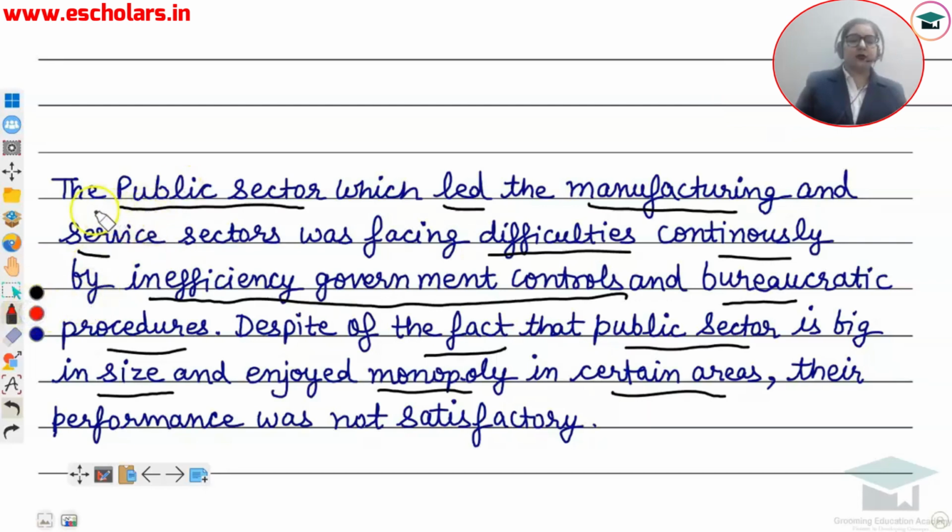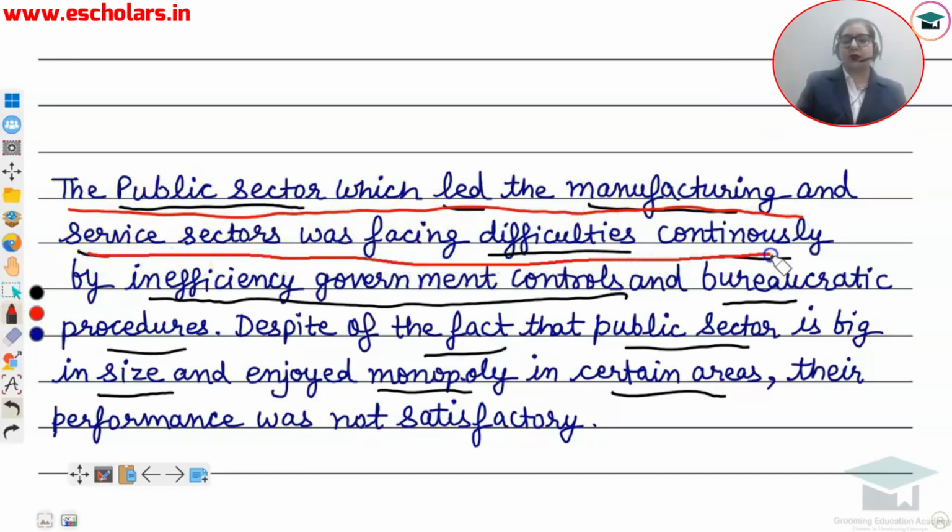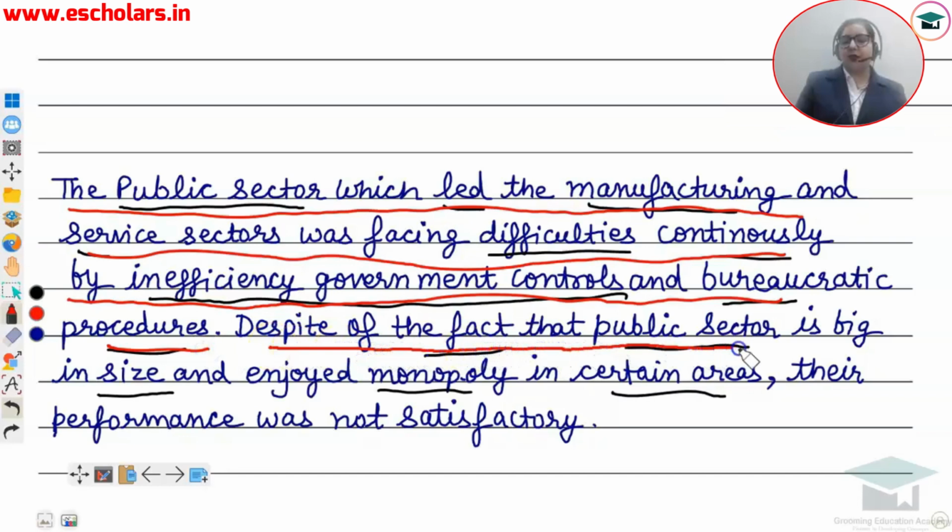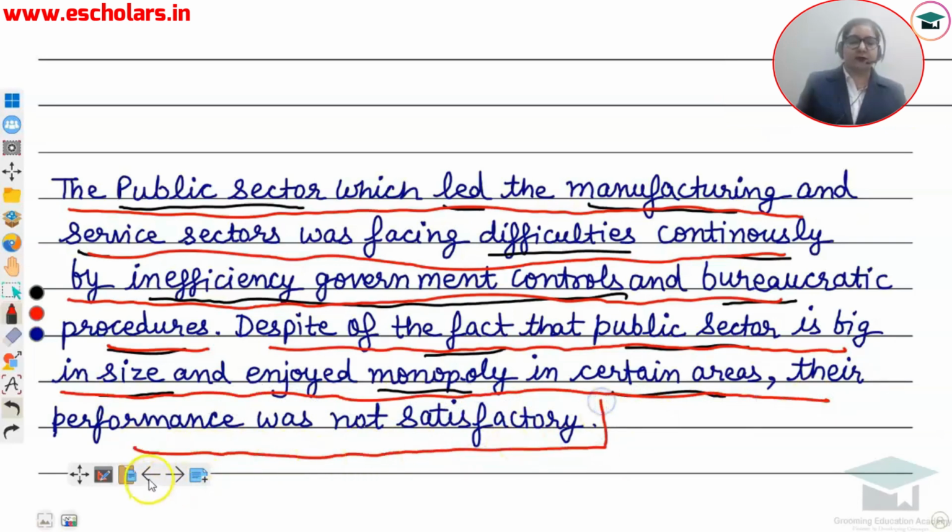So let's recall it till now. The public sector which led the manufacturing and service sectors was facing difficulties continuously due to inefficiency, government controls and bureaucratic procedures. Despite the fact that the public sector is big in size and enjoyed monopoly in certain areas, its performance was not satisfactory.